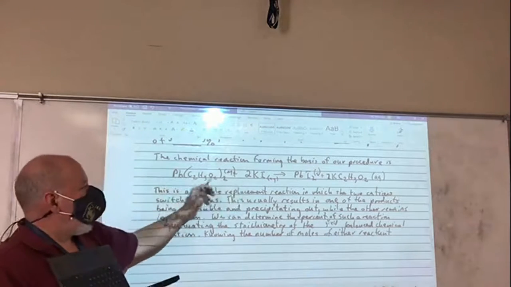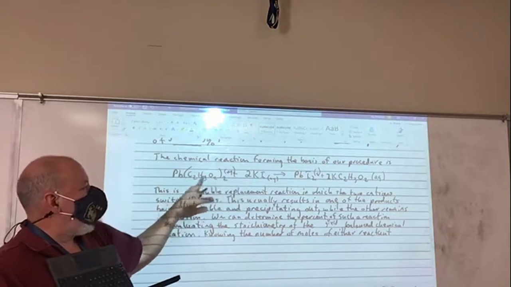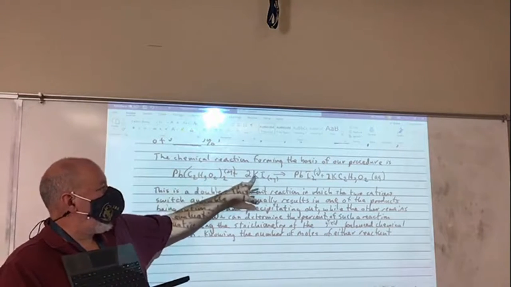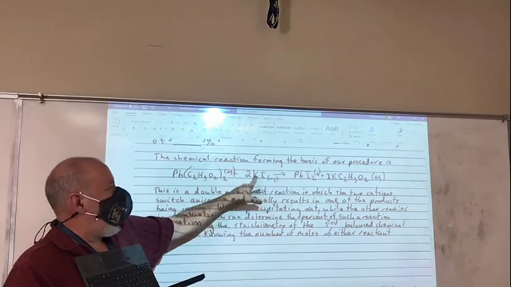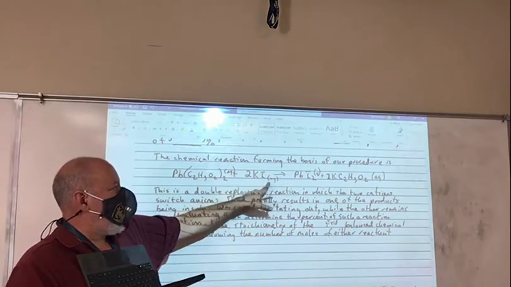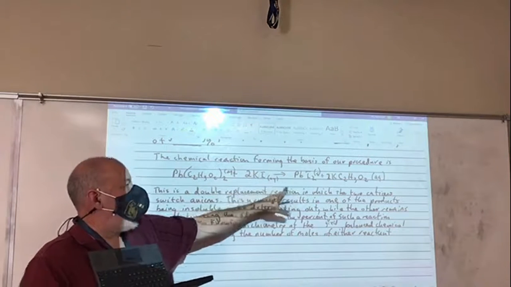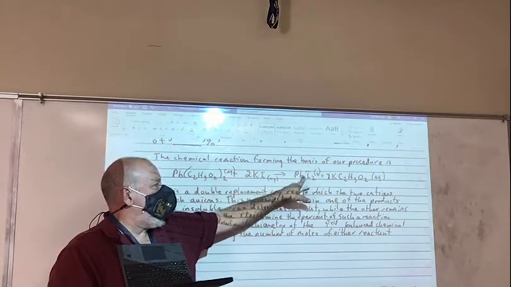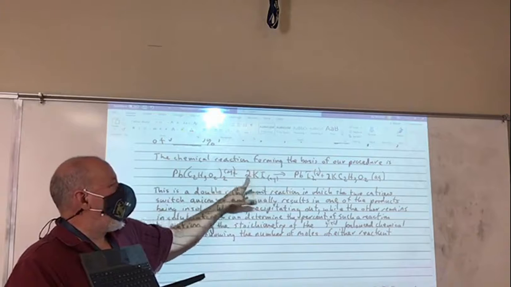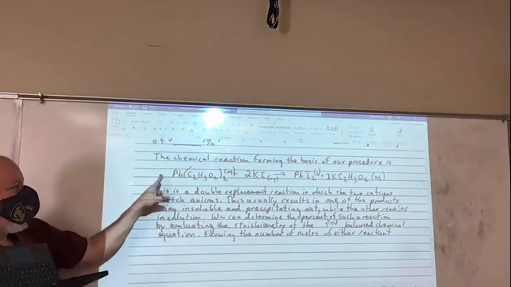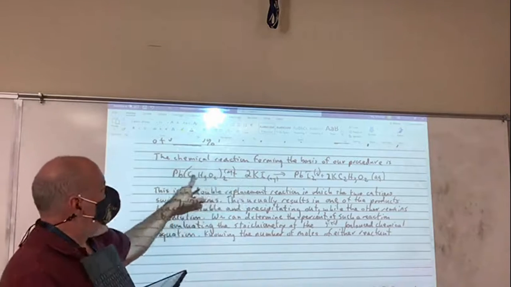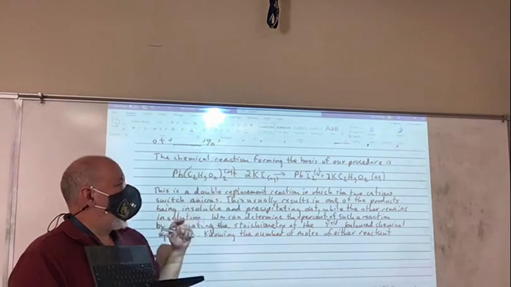I could figure this out knowing either that this is 1 mole or this is 2 moles. I could say the number of moles of this has to be 1/2 of the number of moles of this. If this is a 1 and this is a 2, the number of moles of this would be 1/2 of the number of moles of this. So I could ask you to figure this out using the number of moles of either of the reactants.